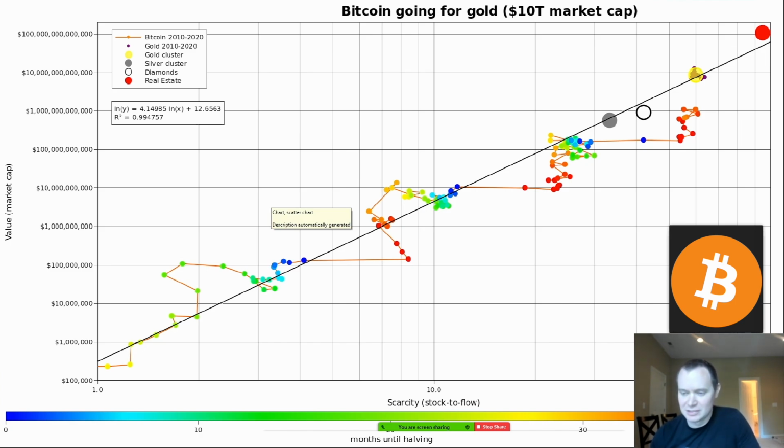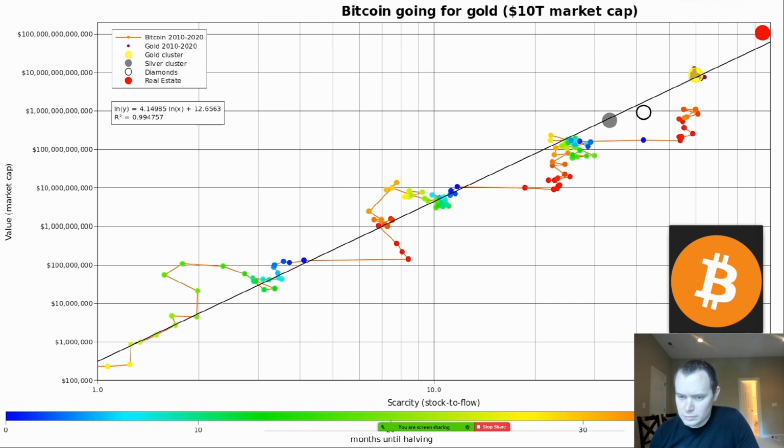By the way, since you're showing this chart, I want to know your opinion about this. We're now at this red-orange blob on the right, the Bitcoin data points after the May 2020 halving, where the stock to flow is above 50.